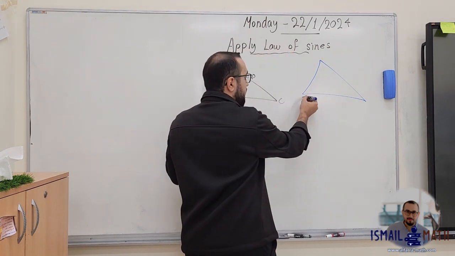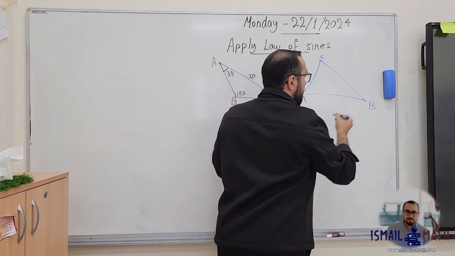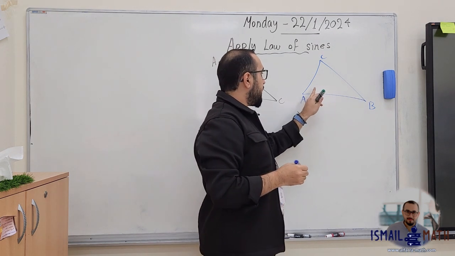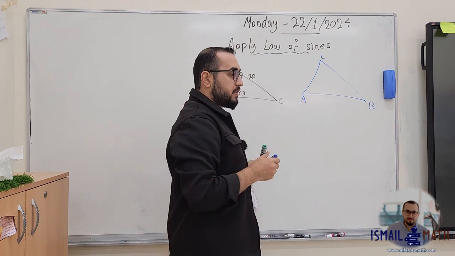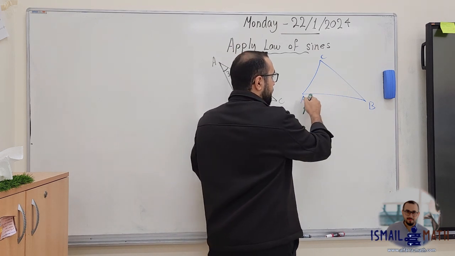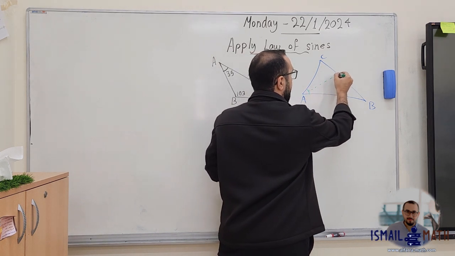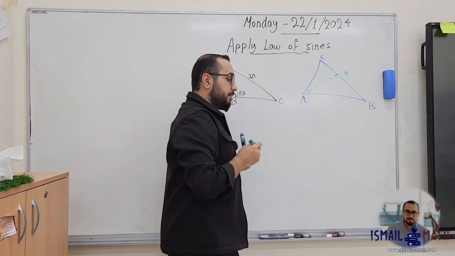Let's say we have this example here: A, and here C, and here B. So this is an oblique triangle, which means the angles all add up to 180. Now, the side opposite angle A we call small a.